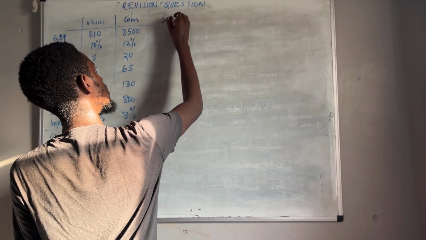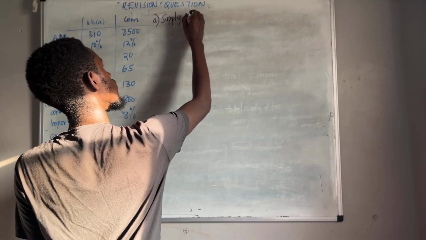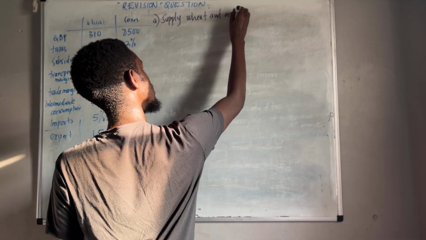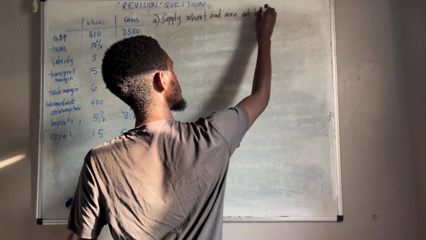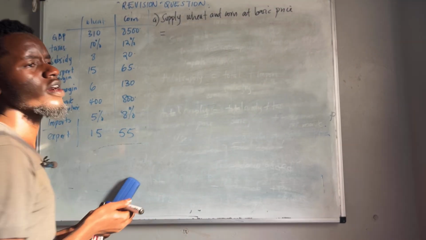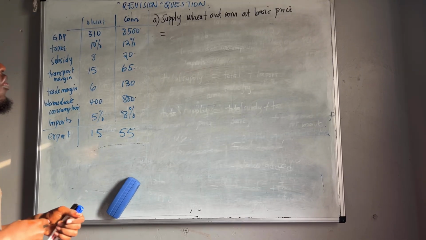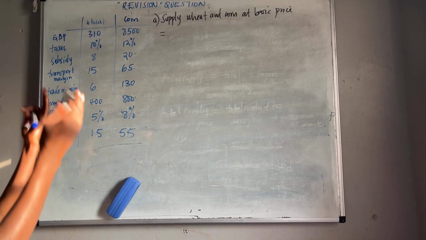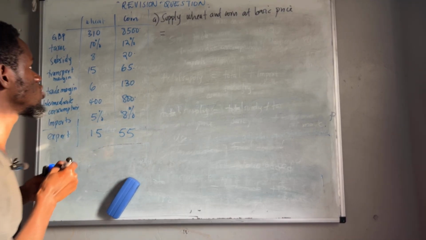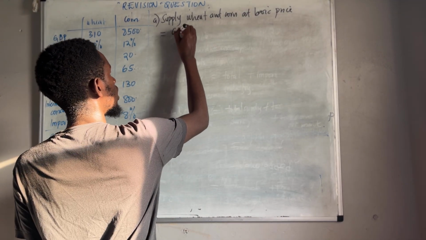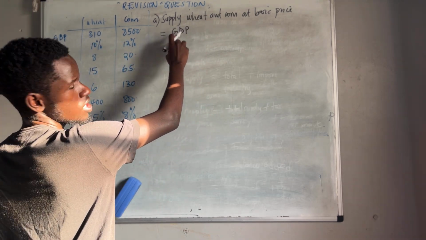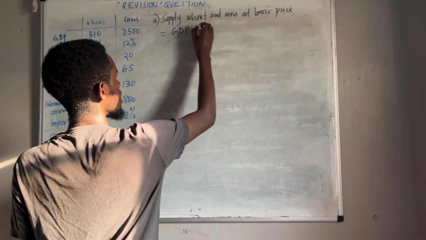From our supply table, total supply at basic price equals total industry, what is produced within the industry, plus imports. GDP means gross domestic product, the total output produced within the economy, plus imports.